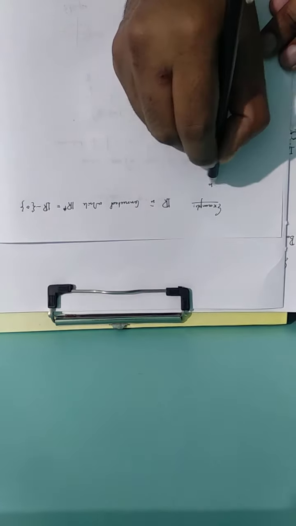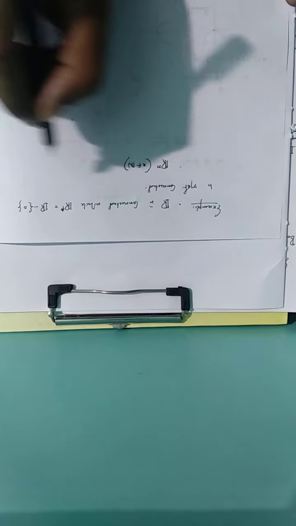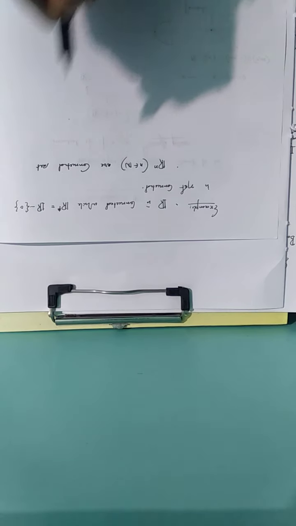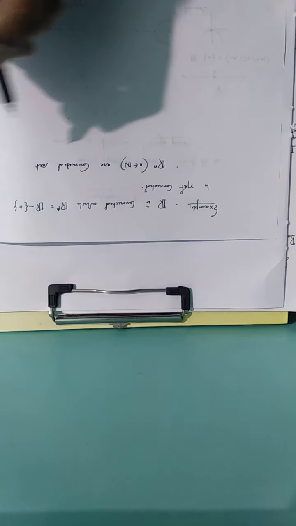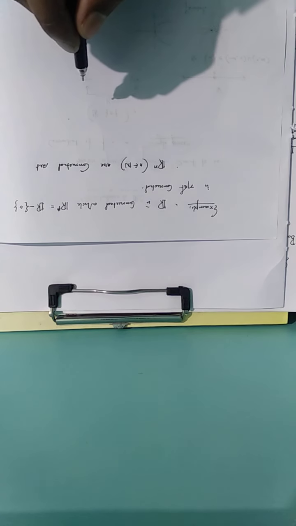If you consider Rn, that is R, R2, R3, all are connected sets, and that holds for all n belonging to the natural numbers. Okay.